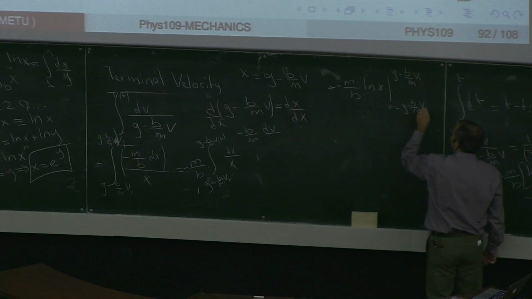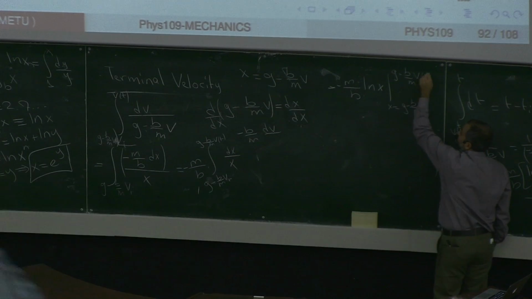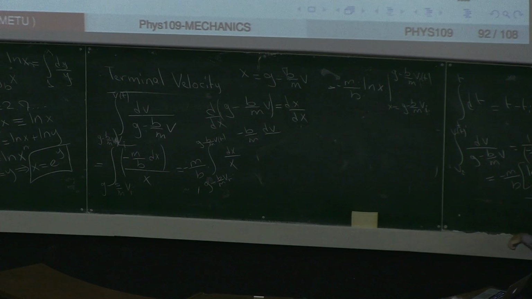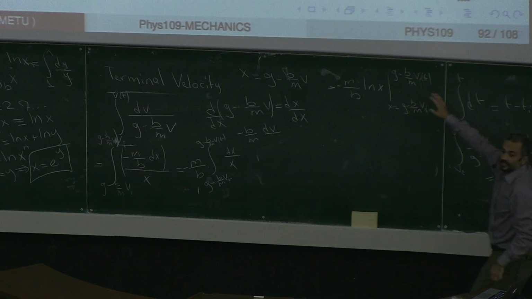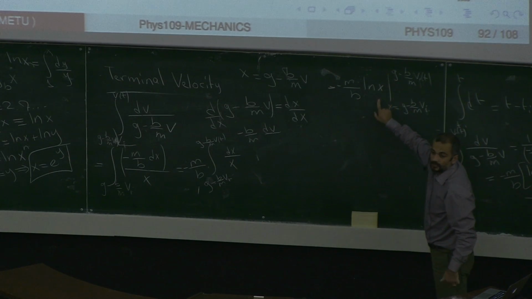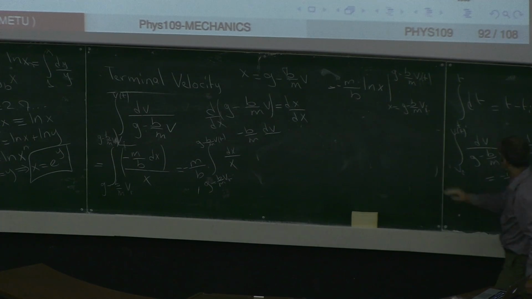This is ve, the initial velocity, and this is the velocity at time t. And this is what I wrote over here. This notation just means that first, instead of x, put this value minus this expression, but take x equal to this value. This is what I have over here.